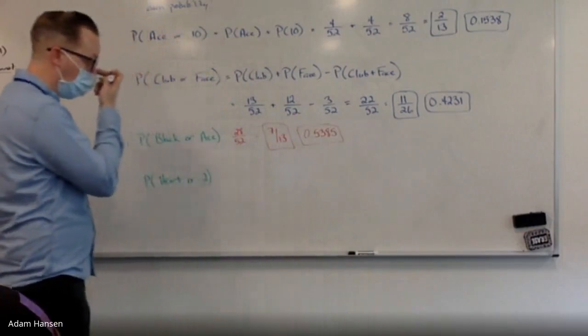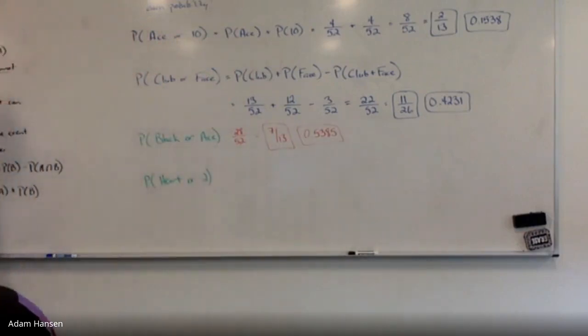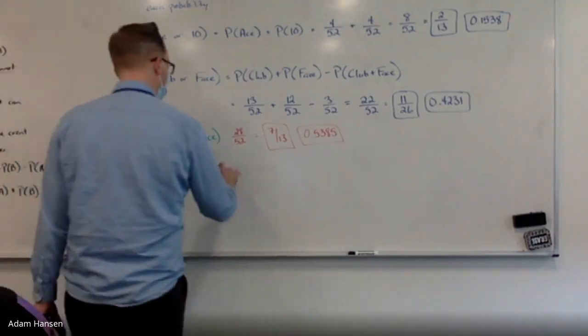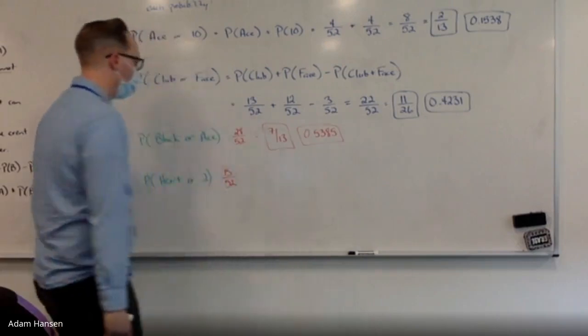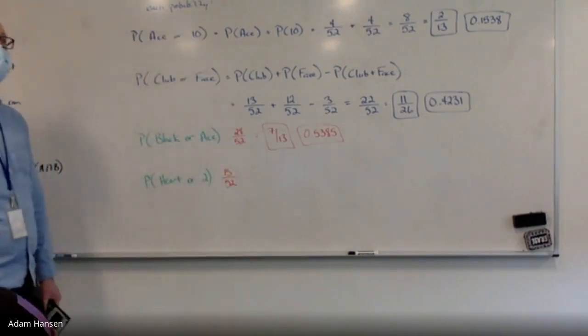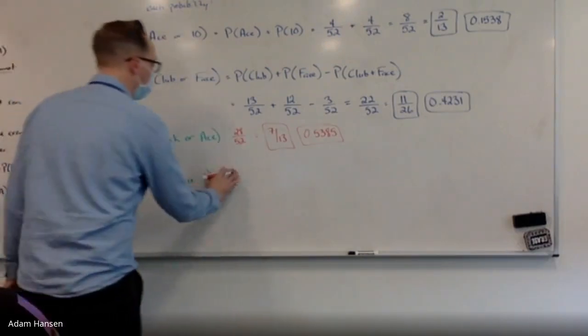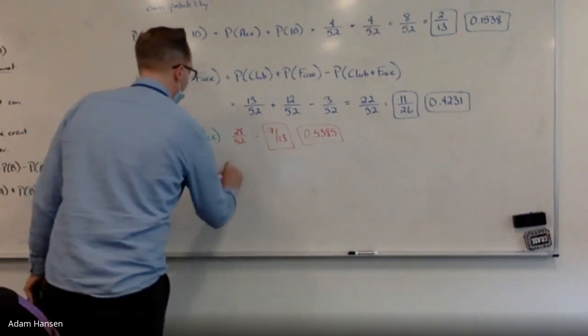Let's see, heart or 2, that's 13 plus 3. 13 hearts plus the 3 twos that I haven't accounted for already. That's 16 out of 52. 13 plus 3, yeah, it's 16.